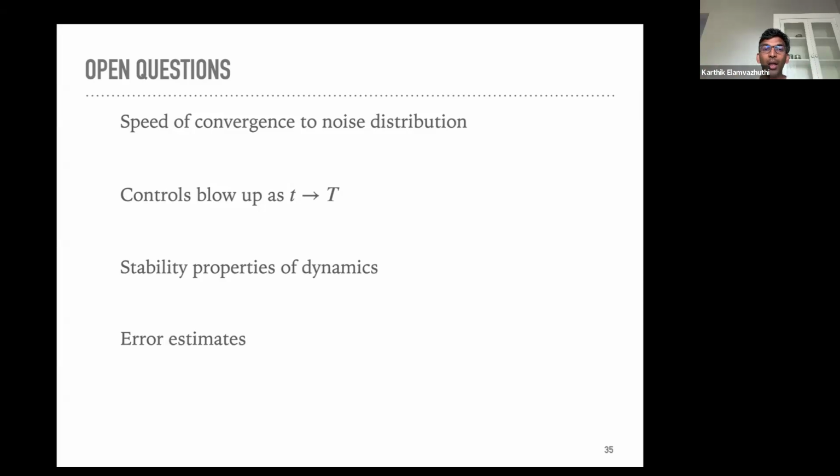What this method is good at is giving you a feedback control that works from all initial conditions. Because if you just want to solve from one initial condition, you will basically just generate one trajectory till it ends up at that point. This method breaks down because you won't have a probability density. You would just have a single particle, and you can't denoise a single particle trajectory.